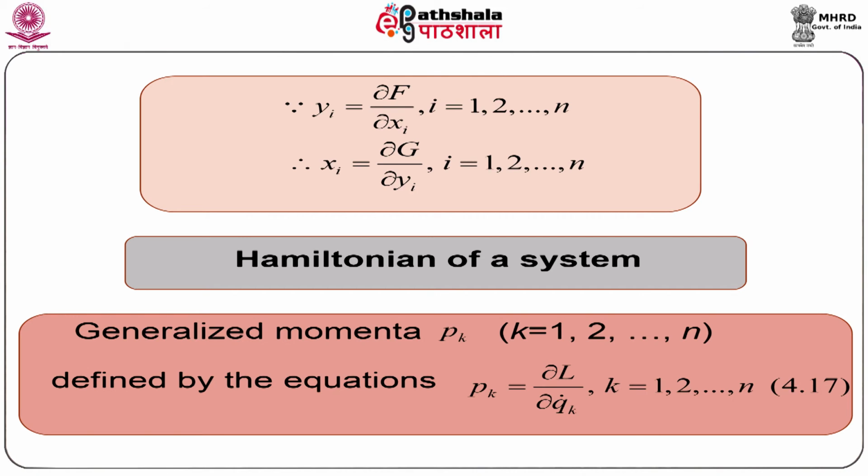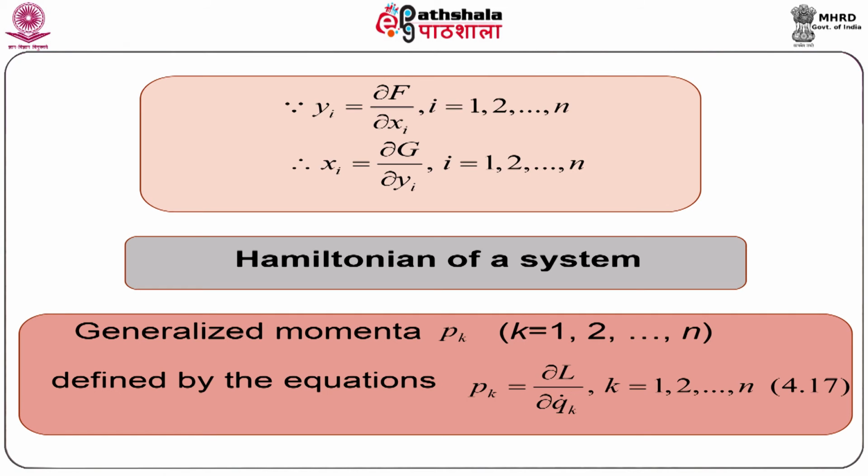Now, we are going to define the Hamiltonian of a system with the help of Legendre dual transformations. In Lagrangian mechanics, the generalized coordinates qk and generalized velocities qk dot are taken as the Lagrangian variables with time t as a parameter.